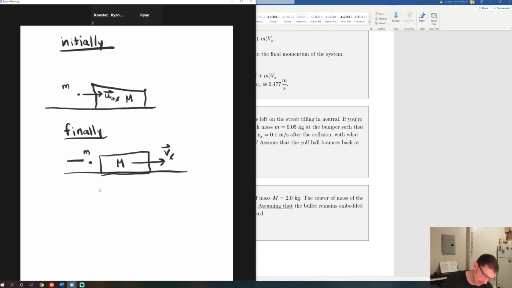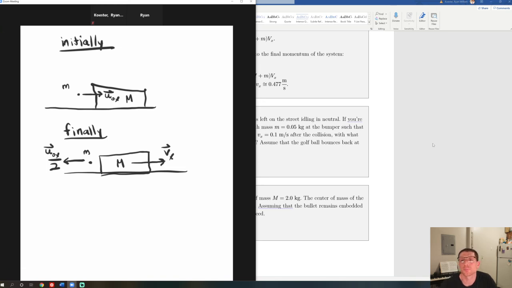And we said that it bounces back at half the speed, right? So let's say u sub x over 2, like that. And so this is, admittedly, a pretty crappy sketch, but hopefully it gets the point across. This is what we're thinking about.